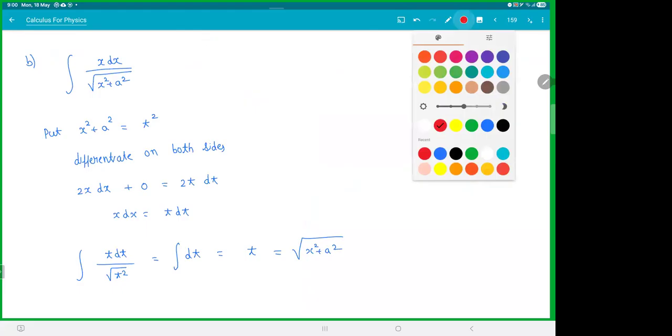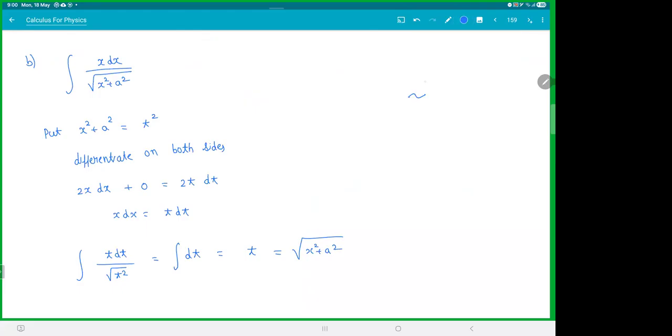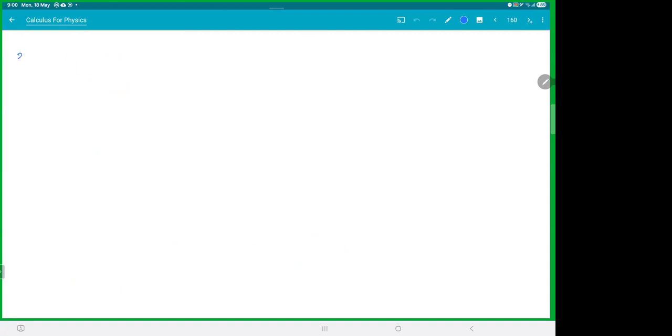Hello. Able to hear me now? Yes. So maybe it'll come 4 to 5 times. That is the thing. Let's see one more. The second variation, integral dx by root over a square minus x square.